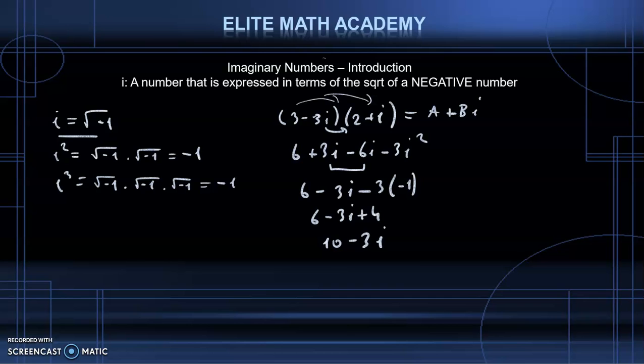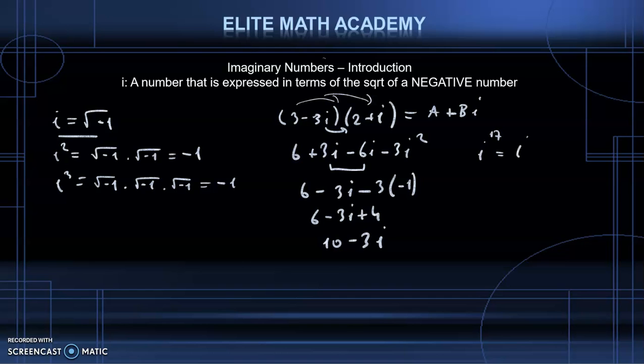And one more question I'd like to talk about is the exponents that we get. For instance, i to the power of 17. What I suggest is, let's break this down into smaller portions.